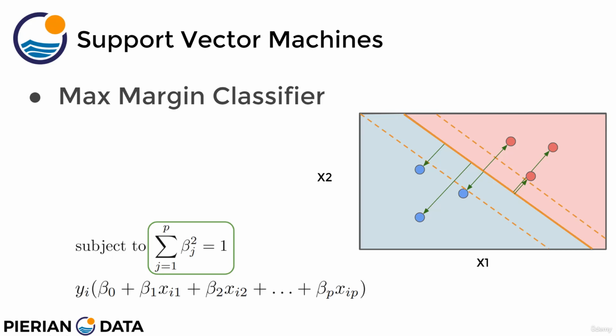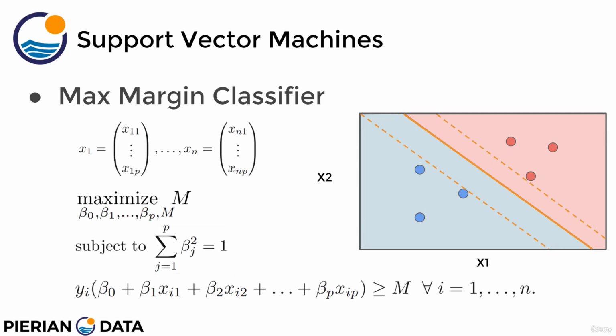This is just to say that with this constraint, we are able to mathematically calculate the orthogonal distance from any point to the hyperplane. And here we have the full definition, mathematically speaking, of a max margin classifier.